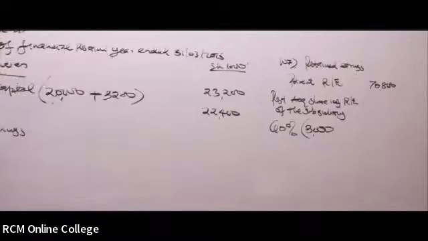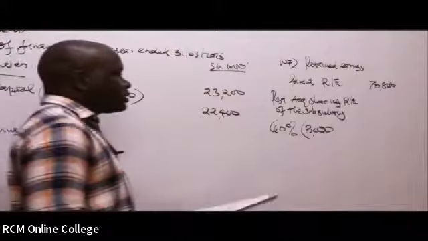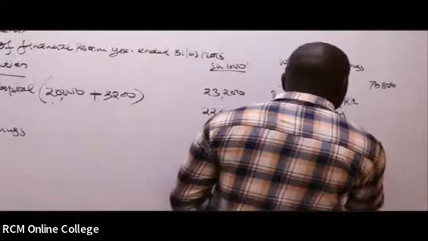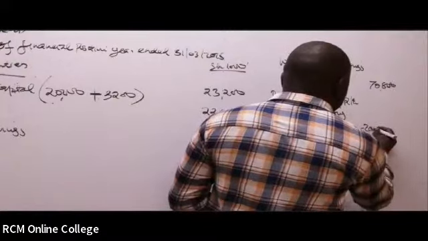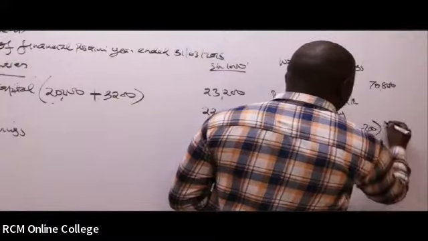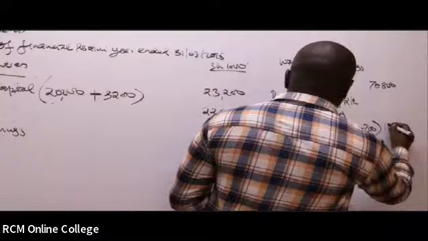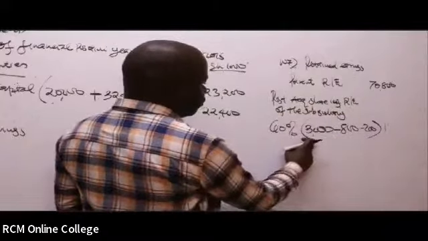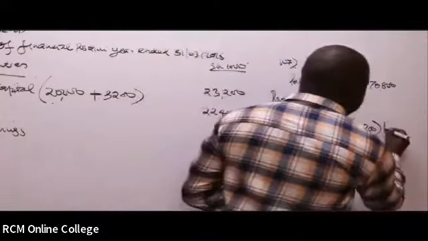The depreciation and what else? The URP, unrealized profit. So you adjust it with 800 and of course 200. Therefore you'll get a figure of 1,200. So this one is 2 million by 60%, which is 1,200.